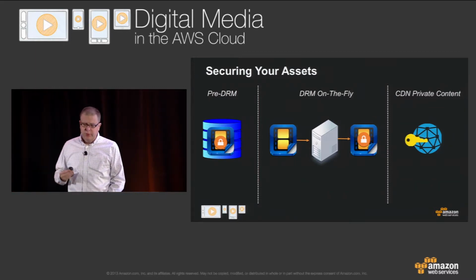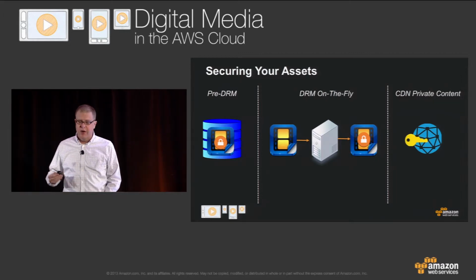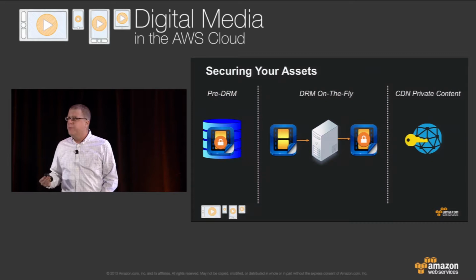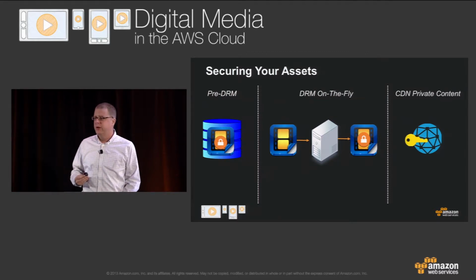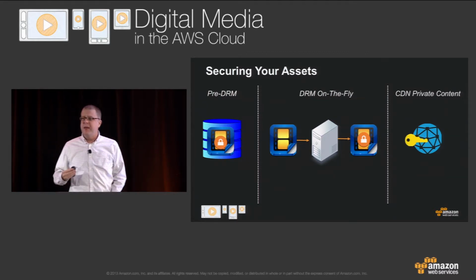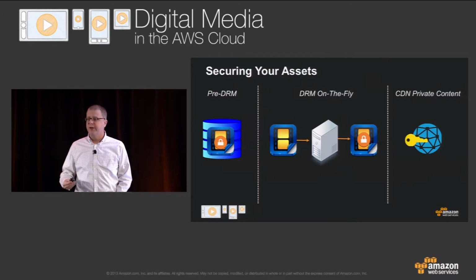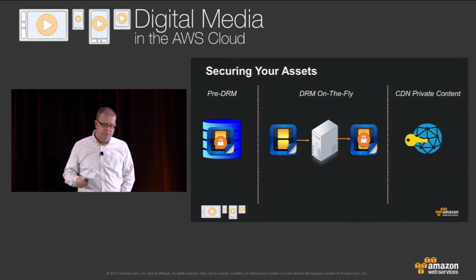And then third, Usman talked a lot about our CDN private content feature. This can be used either independently or in conjunction with a digital rights management system, but basically making sure that the URLs that you vend to your customers are only played by the devices that you're trying to target.